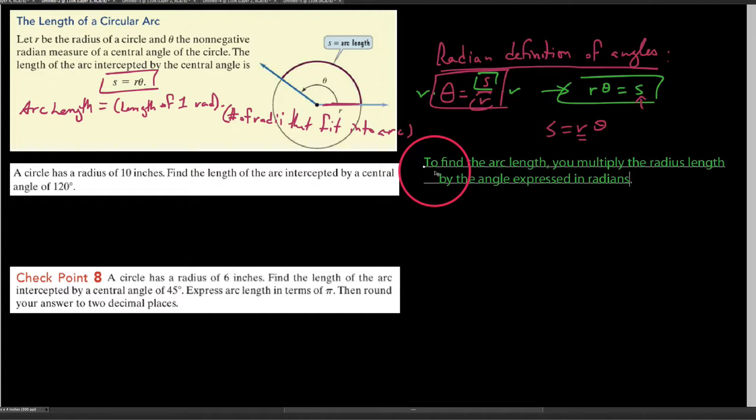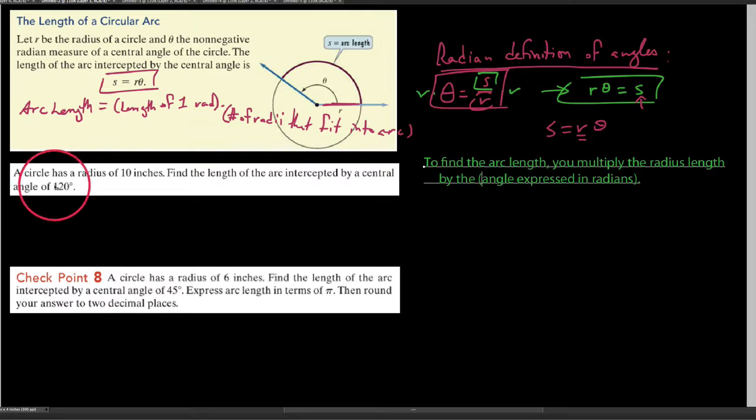The important thing here is that our angle has to be expressed in radians. The reason is that if it's in radians, then that angle is telling you how many times one radius length fits into that arc, so we have to know how many times to multiply one radius length by, and so we've got to have it in radians.